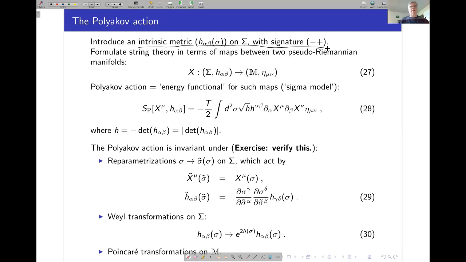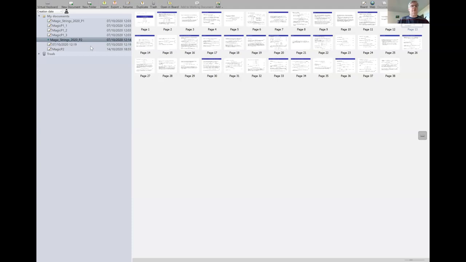And string theory is now formulated in terms of maps, which map two Riemannian manifolds, pseudo-Riemannian, because we admit indefinite metrics, to each other, the worldsheet with its independent worldsheet metric h, and space-time with its Minkowski metric. Again, that might be helpful to give you a drawing.